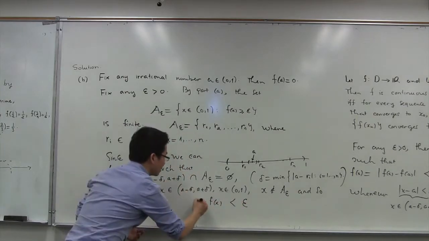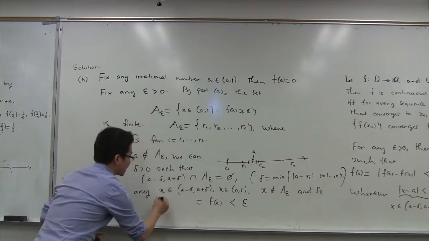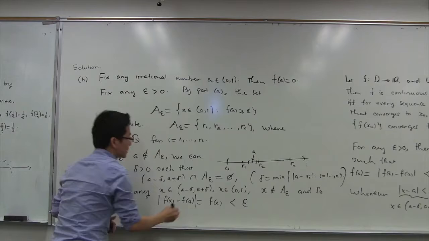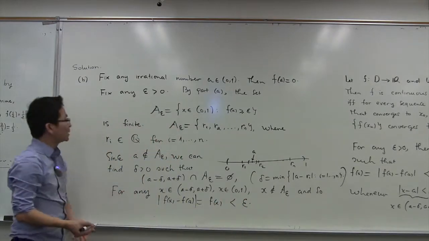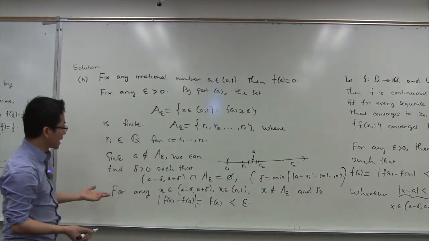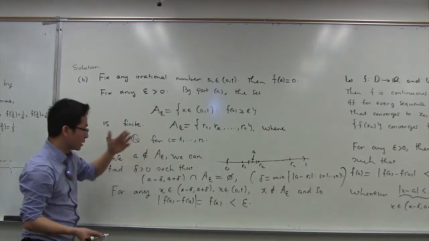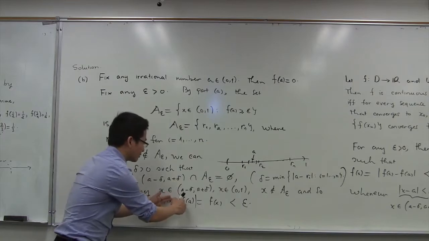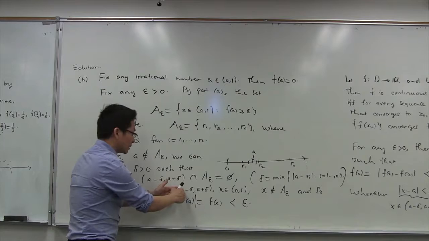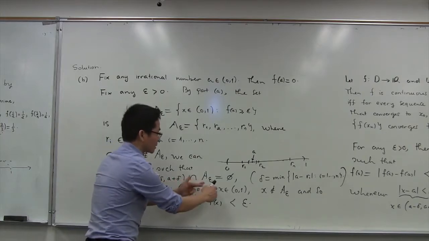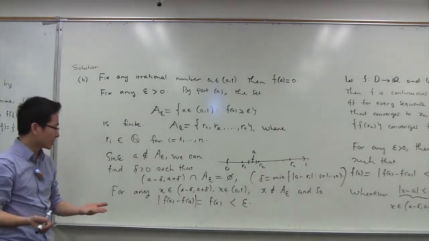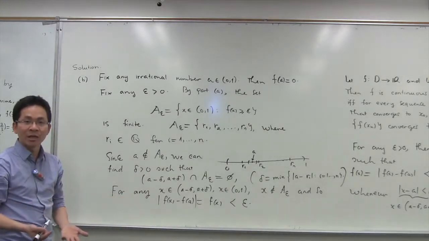And as you know, this is in fact the absolute value of f of x minus f of a. So to summarize, if we take any epsilon greater than 0, we prove that there exists delta greater than 0 such that the absolute value of f of x minus f of a is less than epsilon whenever x is in the interval (a minus delta, a plus delta), and x is in the interval (0, 1). Therefore, the function f is continuous at a by the definition of continuity.